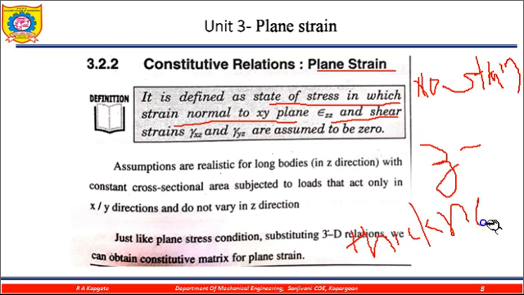So whenever we are working with problems where there is no strain along the z axis or towards the thickness, that is called the plane strain condition.